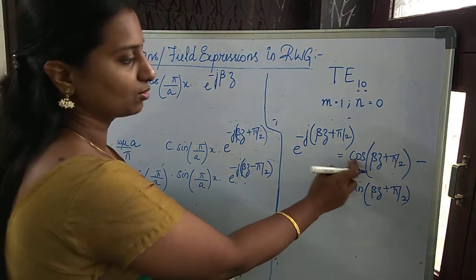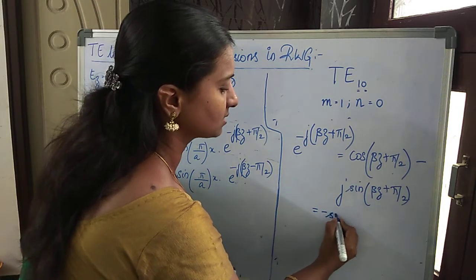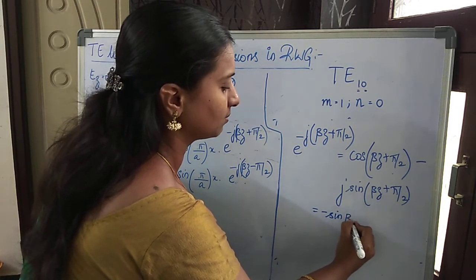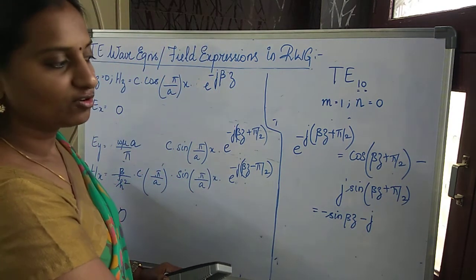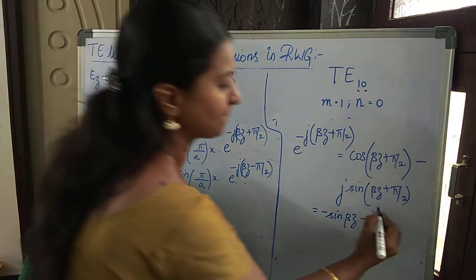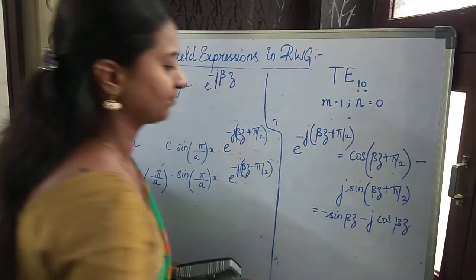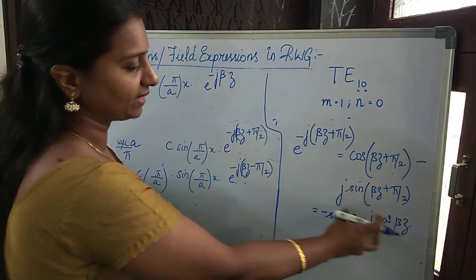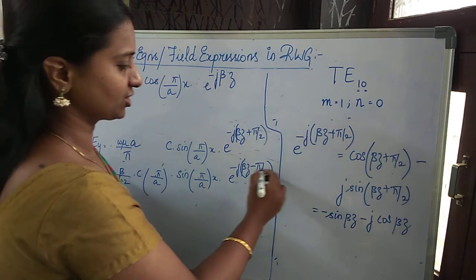Right? So now cos of beta z plus pi by 2 becomes minus sine of beta z, minus j sine of beta z plus pi by 2 becomes cos of beta z. So I have a real term and imaginary term for this exponential value.